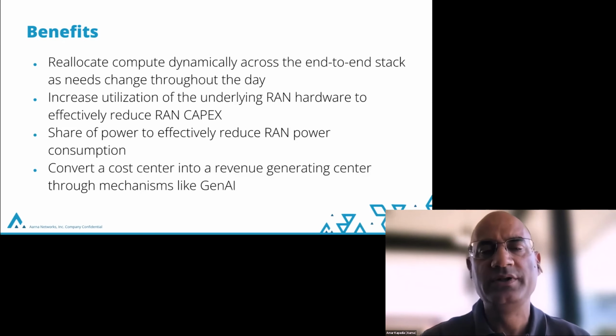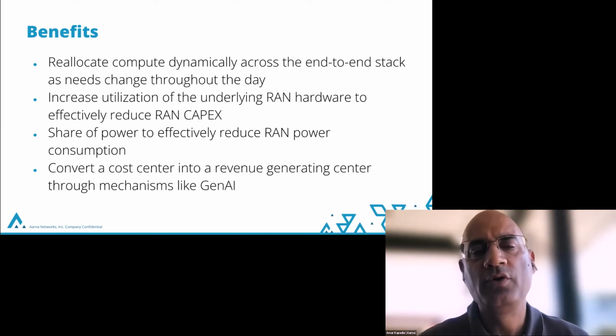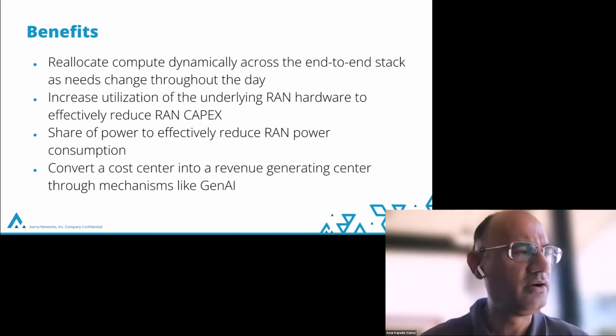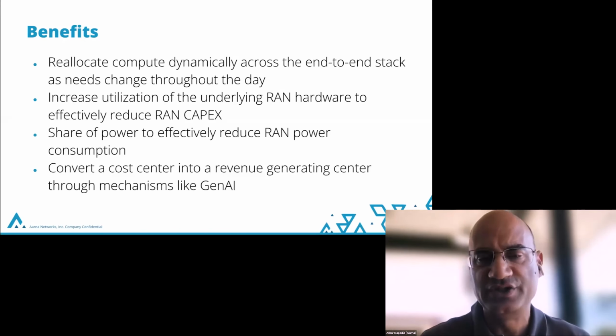And maybe the last one is the most exciting. RAN is a cost center, right? The RAN doesn't generate revenue per se. Indirectly it does because it's part of the 5G network and the 5G network generates revenue, but more or less the RAN could be viewed as a cost center. What if you could convert the RAN site into a revenue generating center through mechanisms like Gen AI?